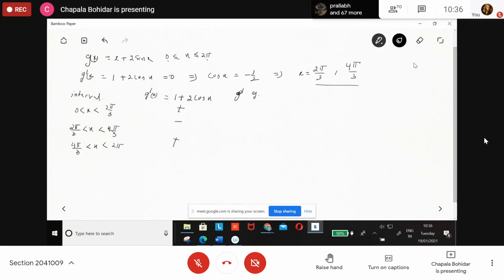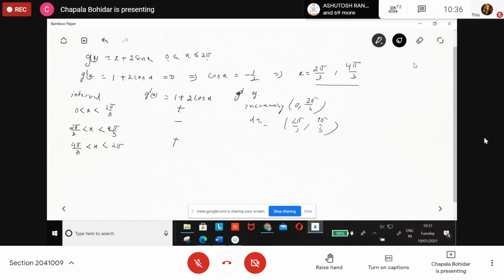So it is increasing over the interval 0 to 2 pi by 3. It is decreasing over the interval 2 pi by 3 to 4 pi by 3.